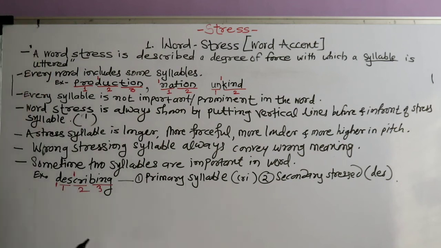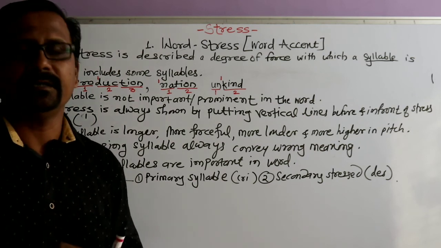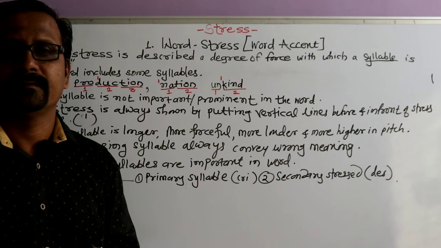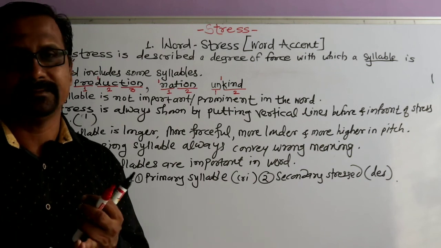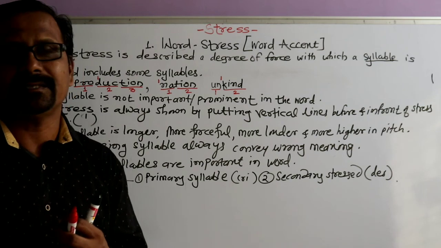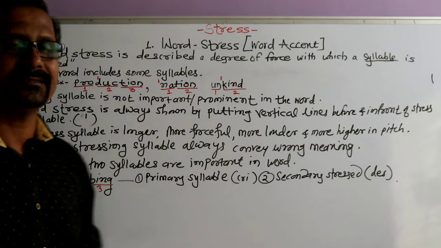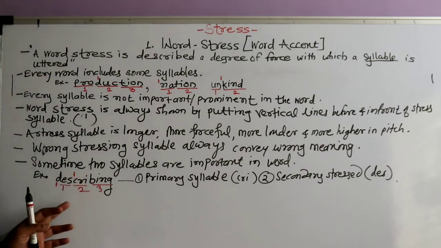So friends, this is a very important part: when we have two important syllables in a word, the first is called the primary trace syllable, and the second is called the secondary trace syllable, and they are shown with these marks.